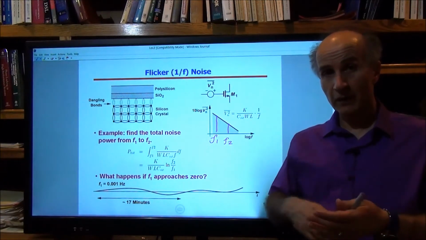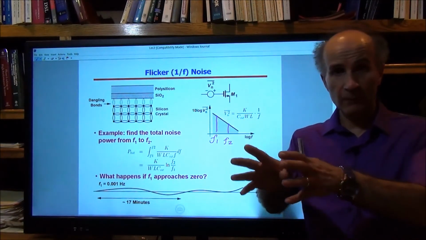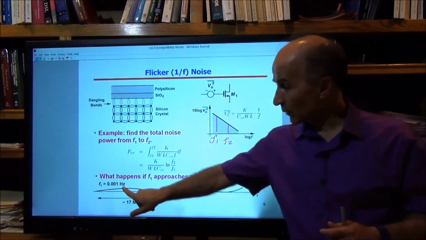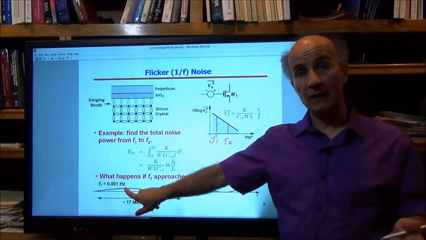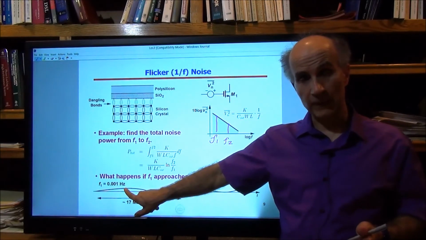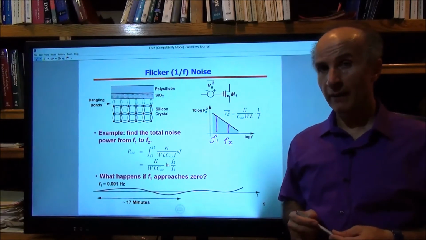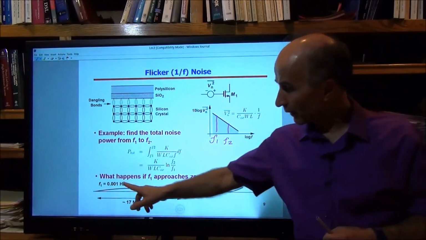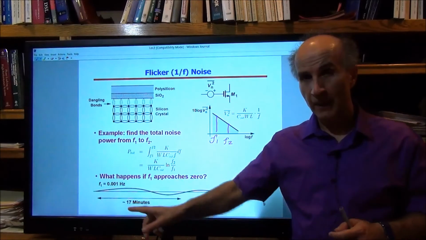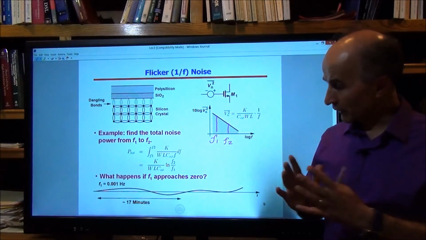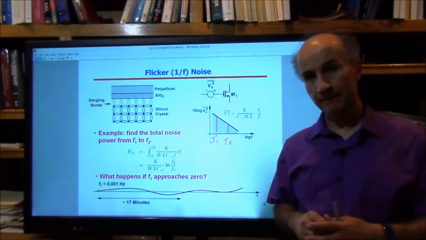So for example, if I turn on my Wi-Fi system, I send an email for 1 minute and I turn off my Wi-Fi system, during that time, this noise hasn't changed. So it's just like a constant offset, right? And that means that we do not worry about this noise component of 1,000th of a hertz if the observation windows of interest to us are much smaller than 17 minutes.